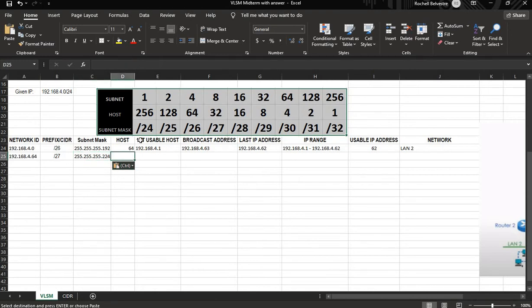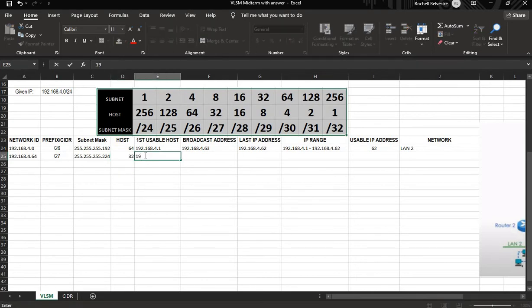Available hosts is 32. And then the first usable IP address is 192.168.4.65. So the network ID plus 1 is the first usable IP address, or the first usable host.